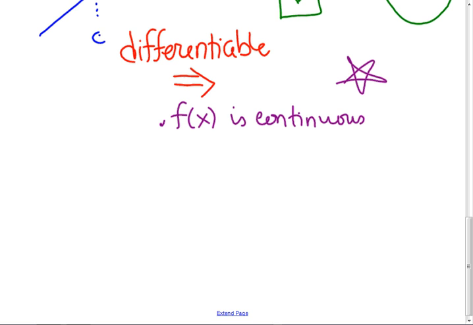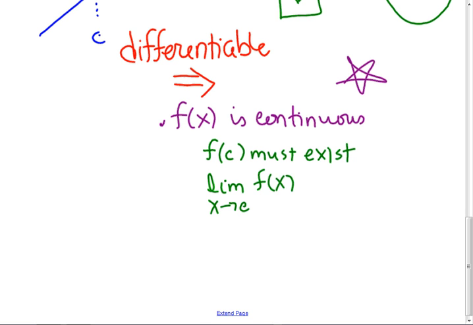So what does it mean for something to be continuous? Remember the three parts? f of c must exist, right? Now, you might have to show that you have a differentiable function. You have to show that the function's continuous first. And then what's true about the limit as x approaches c of f of x?